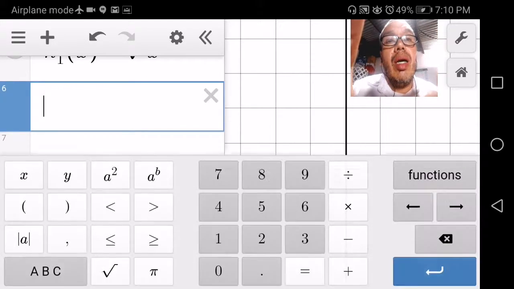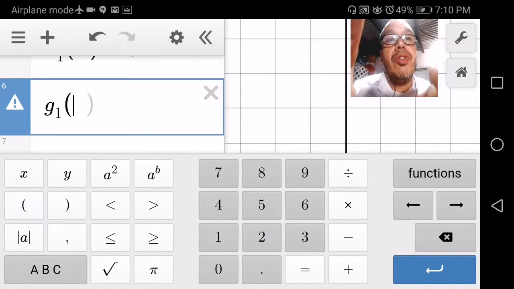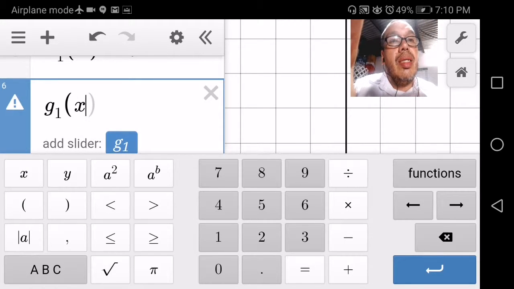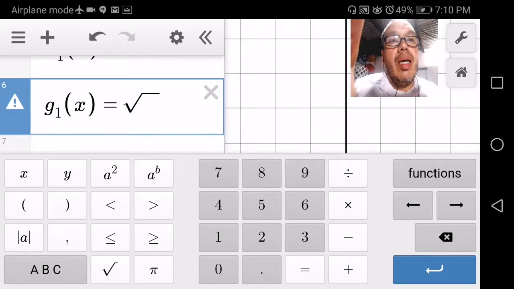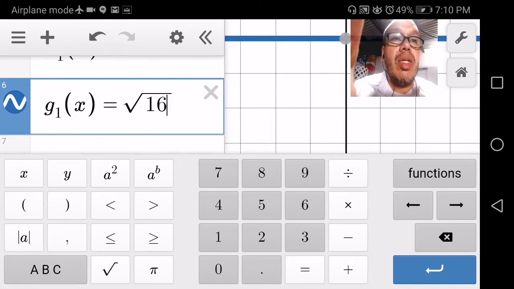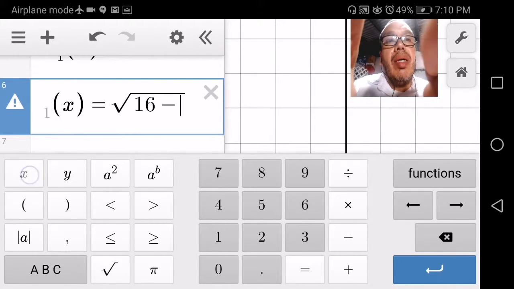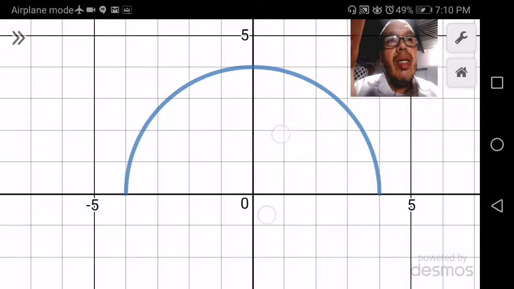Finally, I want to show you this funny function that happens when you take a radius like 16. The square root of 16 minus x squared. What does that look like? Whoa.